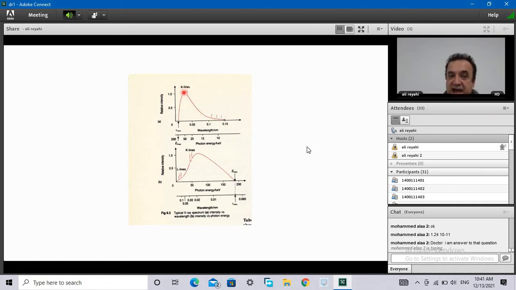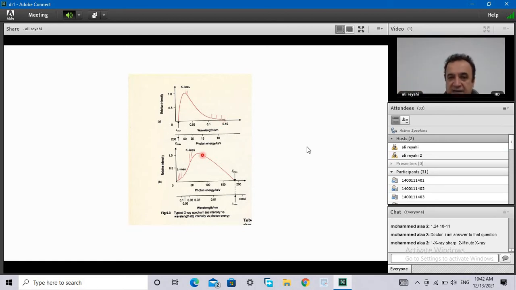Also, we have the linear spectrum. How is the linear spectrum produced? When the incoming electron strikes an inner electron of the target, the electron is removed, and an upper layer electron falls to fill the empty layer, and for every transition, every fall of an electron, we have a separate photon.